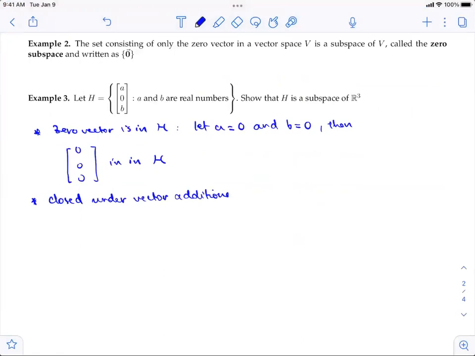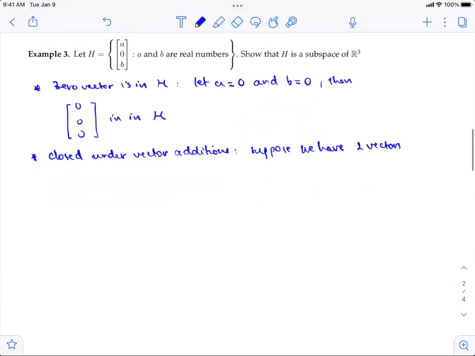Now suppose we have two vectors, and I name them u and v. u and v are of the form a1, 0, b1, and instead of writing the column vectors, I'm going to write the transpose of the row vector.